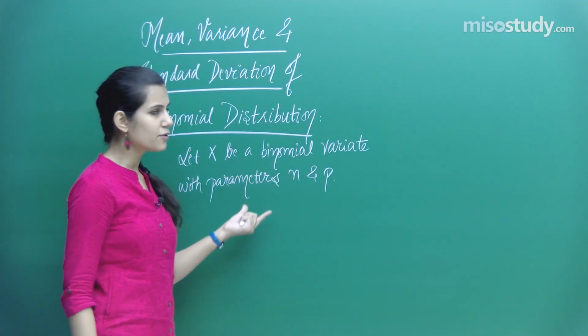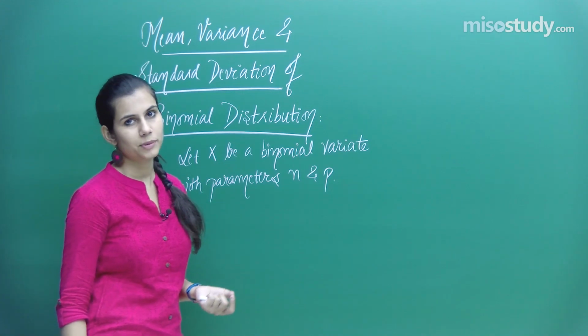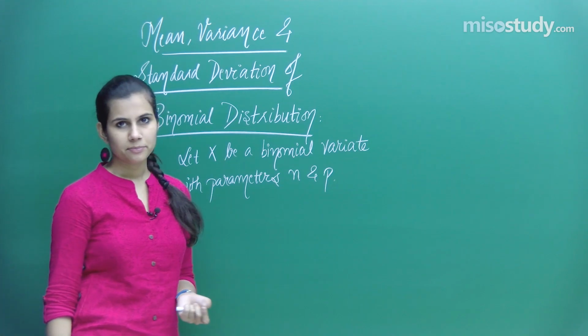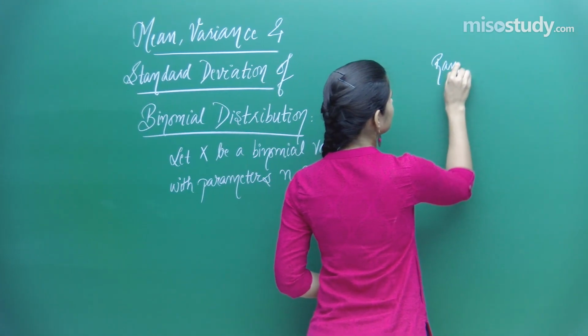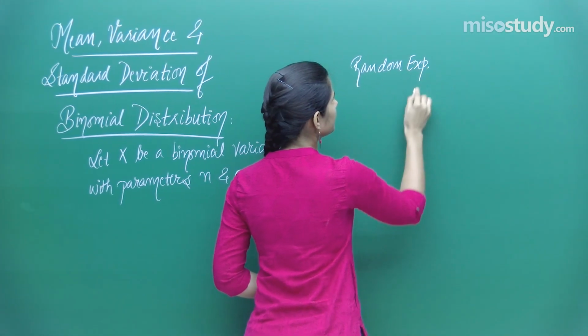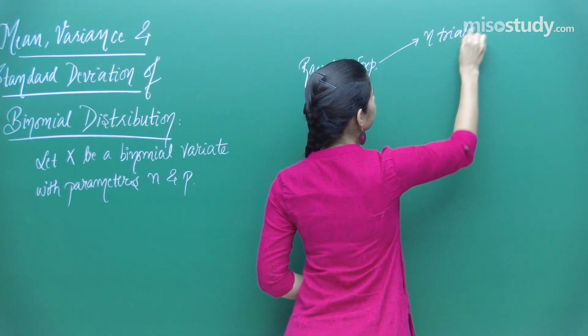Whenever this type of a line is written to you, a lot of information is being given just by this line. X is a binomial variate with parameters N and P. That means there is a random experiment which is performed N times.